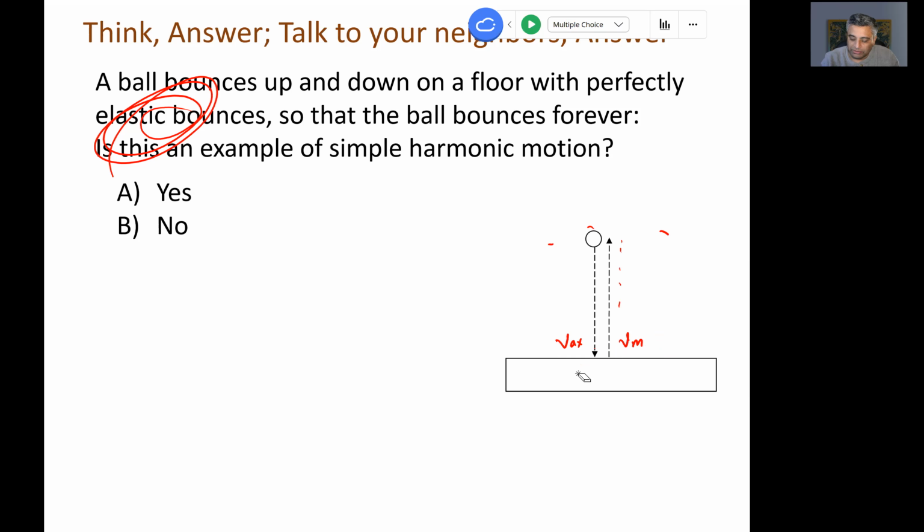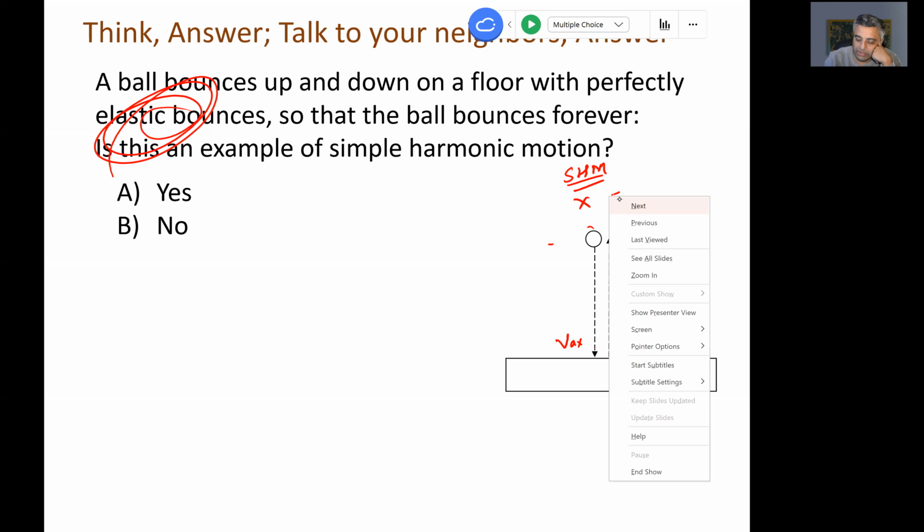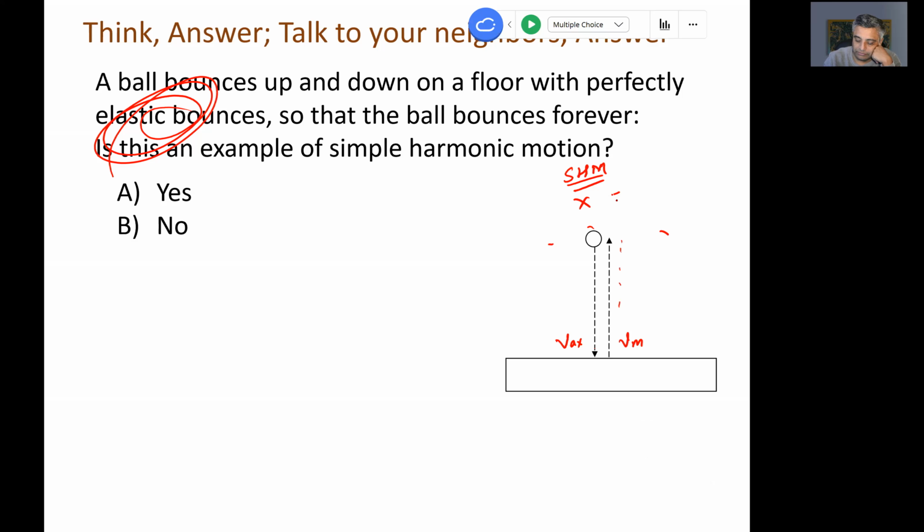So now, for the simple harmonic motion, I think we can also write SHM for that. What has to happen? Force, or let's say position and acceleration, they are always in opposite direction and proportional.